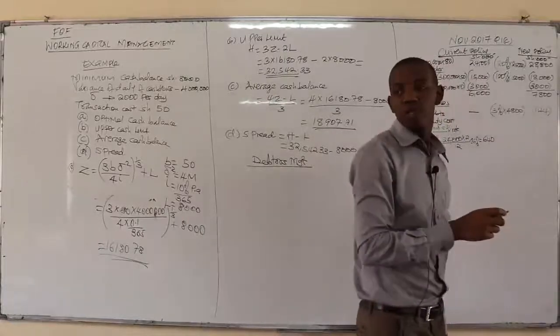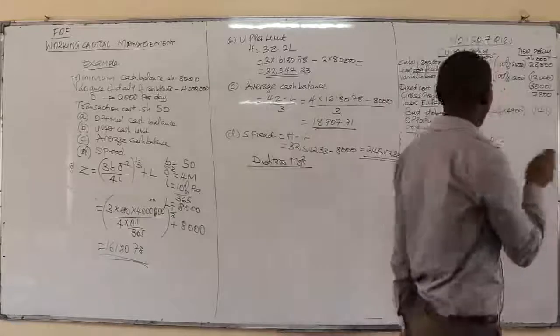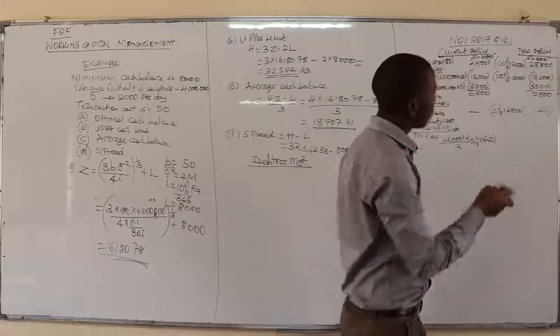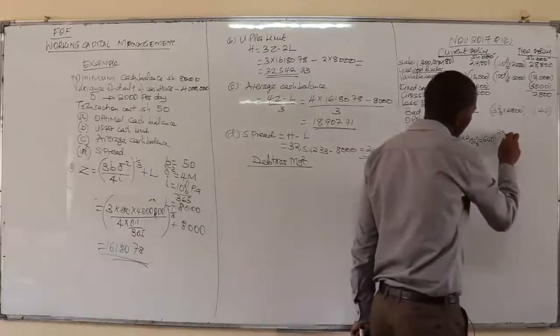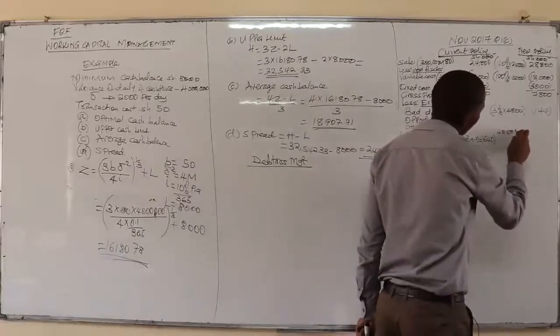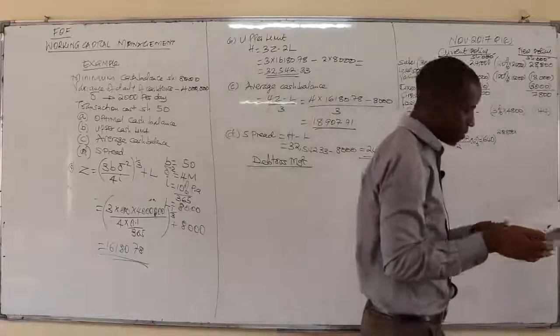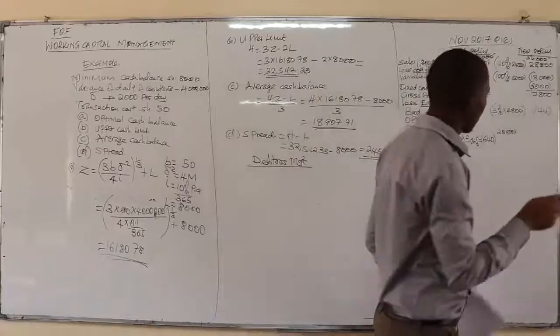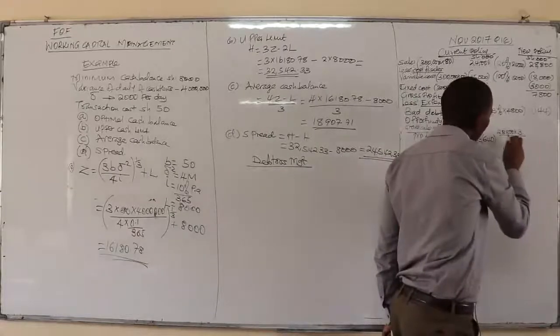Sawa. Then also we have what we call the what? Opportunity cost for this one. You also take the credit sales, 28,800. You multiply by the average collection period, which increased to how much? So it is 3 over 12.